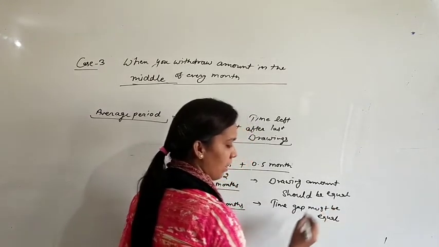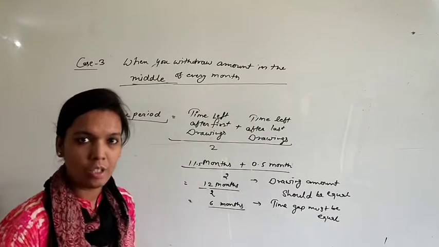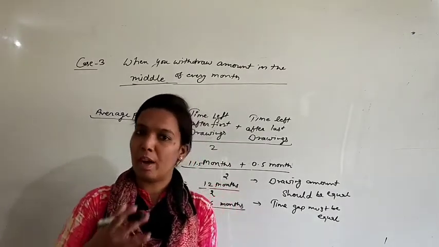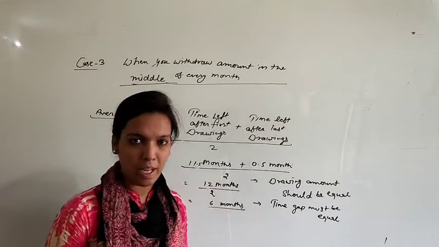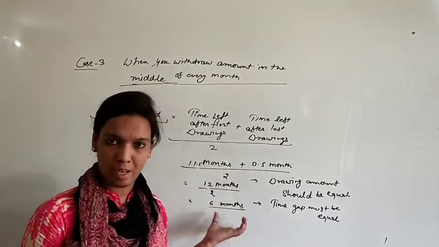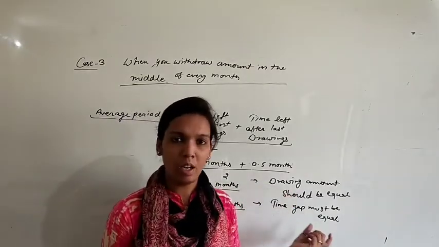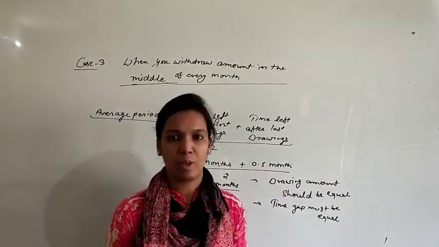Time gap means, if in the first case you are drawing money after 1 month, then every time you have to draw money after every 1 month. So for calculating this type of interest, there are 2 conditions: the drawing amount should be equal and the time gap must be equal.